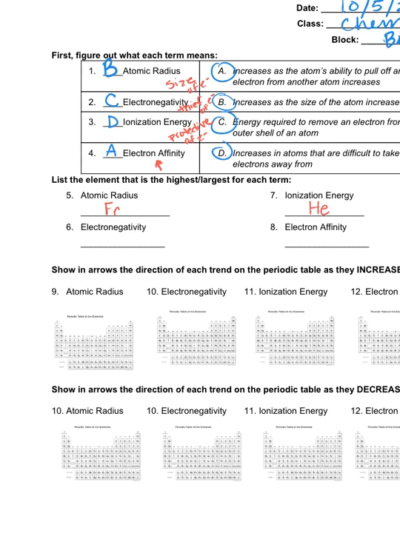Electronegativity. These are the thieves, right? So the highest in electronegativity is fluorine. Why? Well, he's very small, but he's not full. He's very hungry. Everything in that column, noble gases, is the very far right. It starts with helium, neon, argon, krypton, xenon, radon, all those.